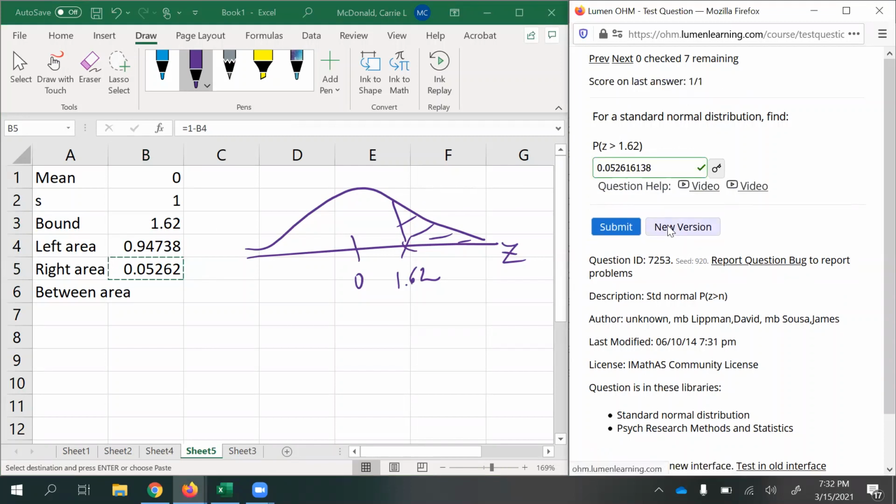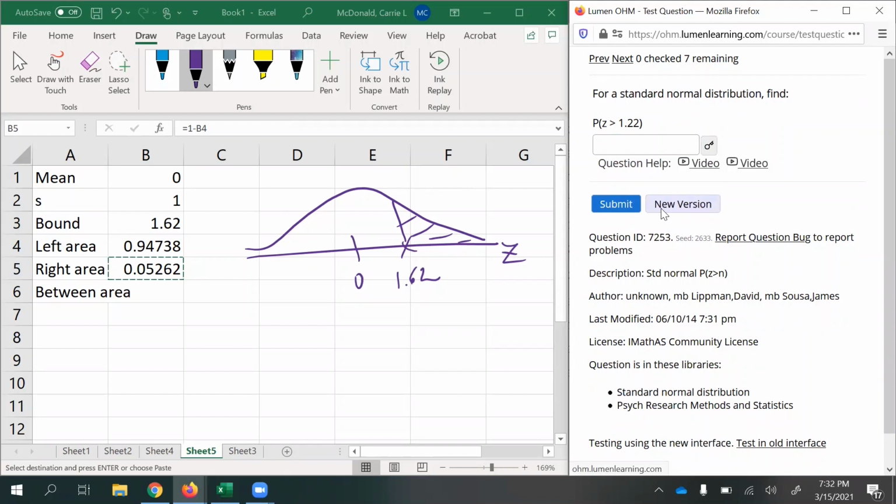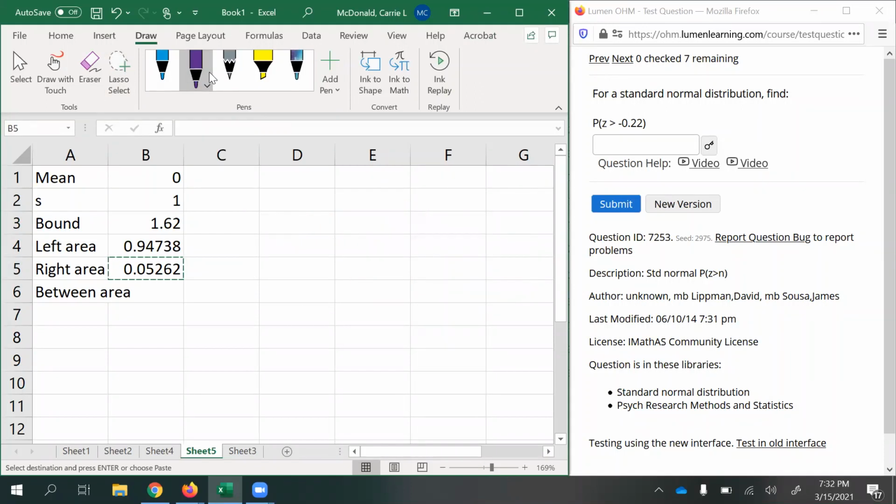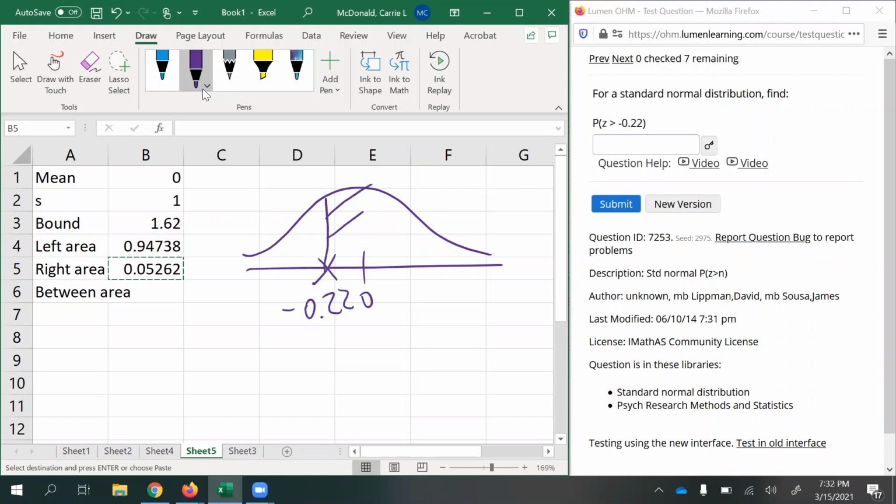Okay. And if it's another negative, let me get another one. Oh, here we go. There's a good one. So I'm going to now do the same thing again, just my sketch really quickly. And this time my z-score is over here on the left, negative 0.22. So my right area is actually greater than 0.5.